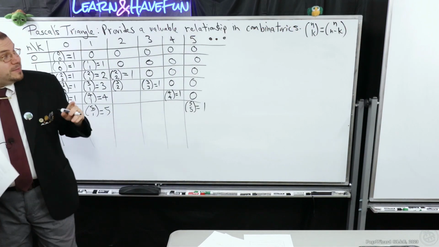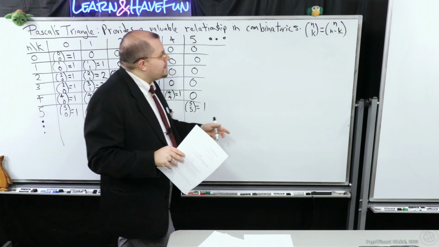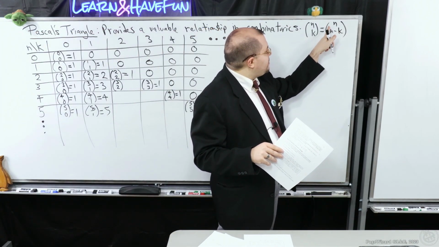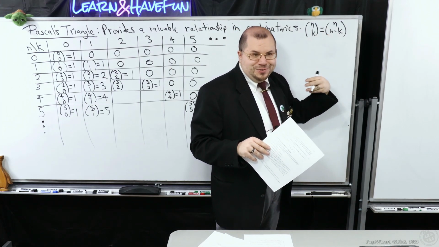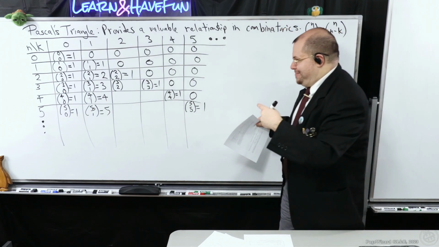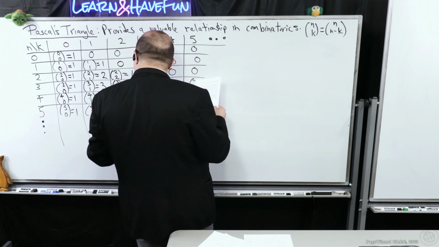So if I give you something like 3 choose 2, that's the same as 3 choose 3 minus 2, which is just 3 choose 1, right? We already computed that. So this is just 3 right here.